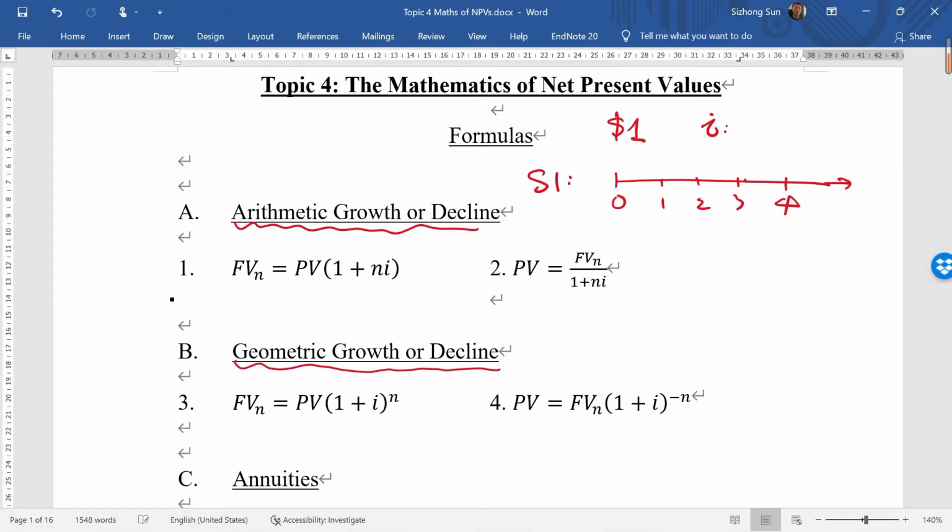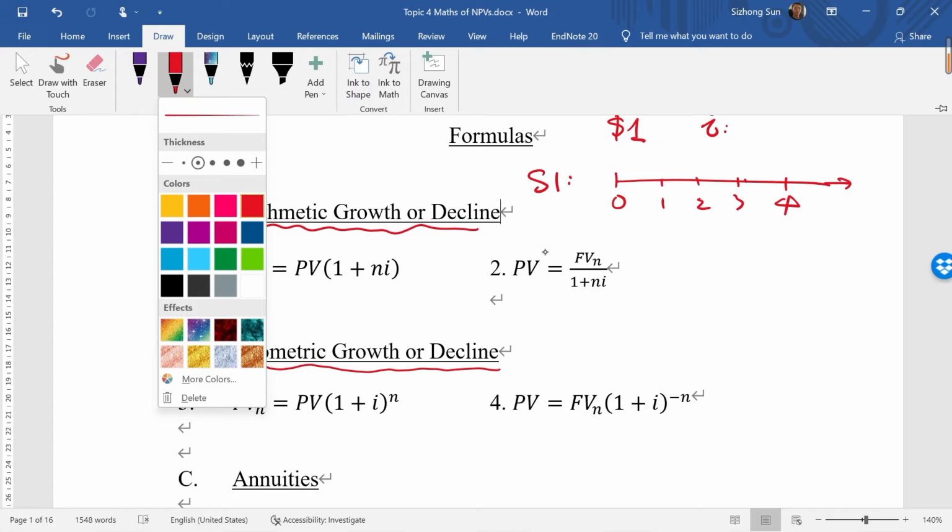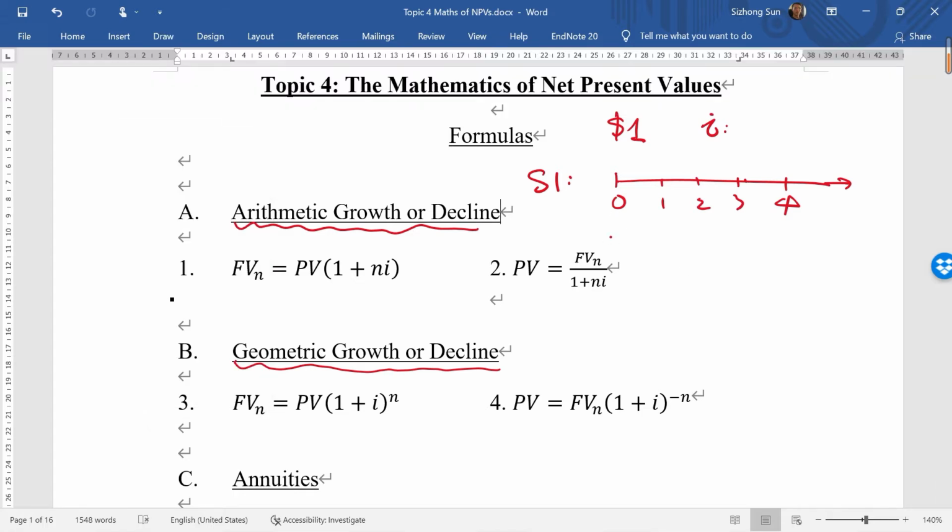Alright, back to our investment here. So strategy 1, I'm going to do it this way. Say I currently have $1 in hand invested, for example, deposited to the bank.